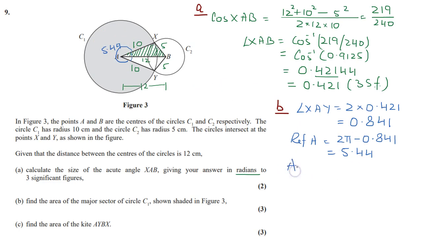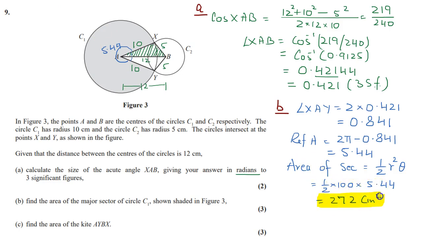So the area of the major sector is equal to half r square theta. So that is half, r square is 100, and theta is 5.44. So this answer is 272 centimeter square. So that is the area of the shaded portion, the area of the major sector.